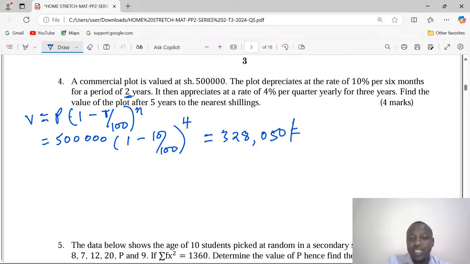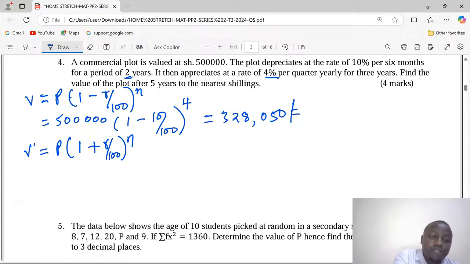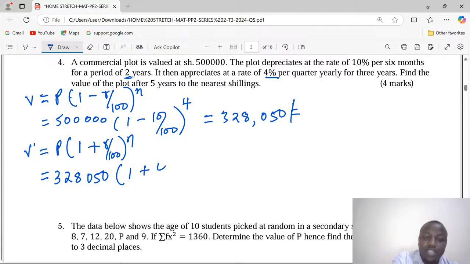It then appreciates at a rate of 4% per quarter. So we will say that the new value again is going to be, when there is appreciation, the new value is given by principal into 1 plus rate, which is a percentage, raised to n. So for this appreciation, we're going to take the value at the beginning of the 3rd year into 1 plus the rate of 4% raised to.